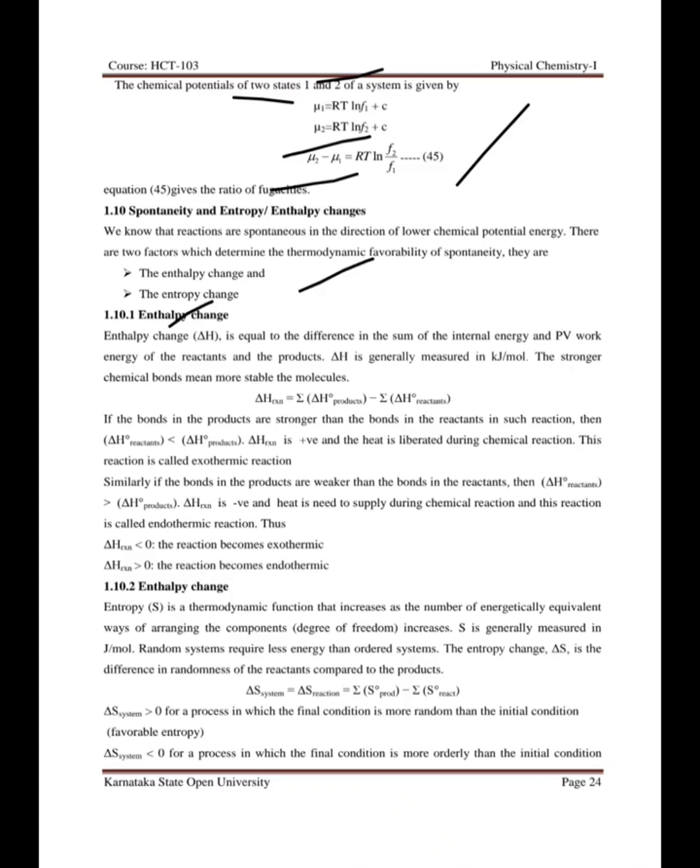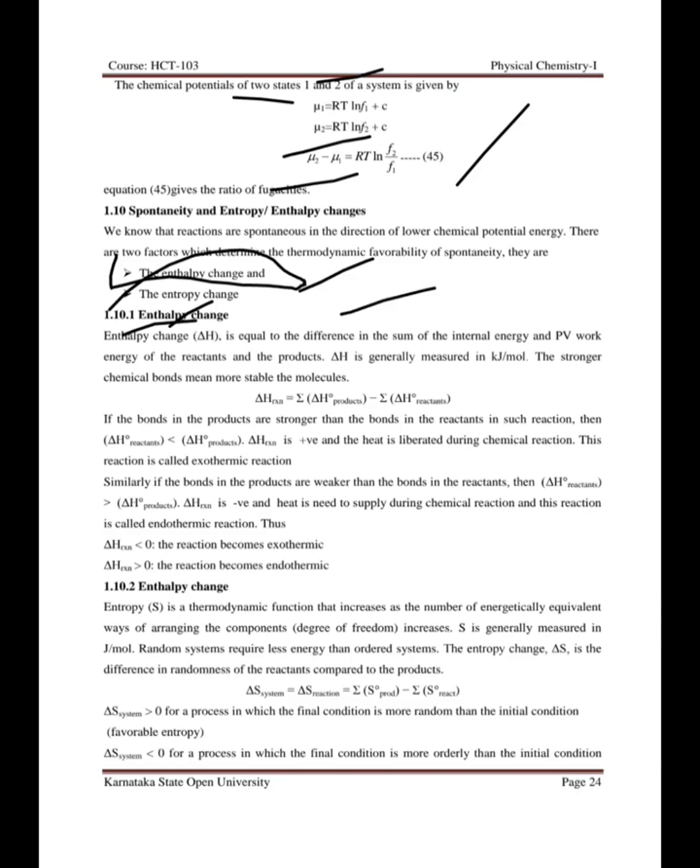Enthalpy is the sum of the internal energy and pressure times volume. So what is entropy change? Entropy change is the measure of the system's thermal energy per unit temperature. So whatever the temperature changes, that is known as entropy change.